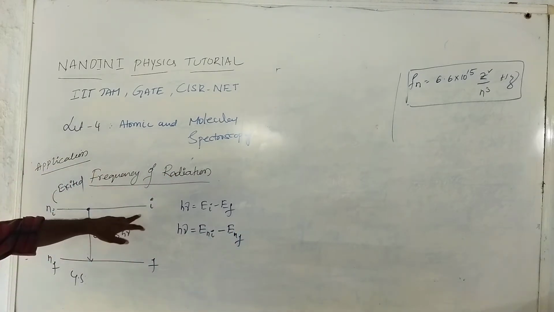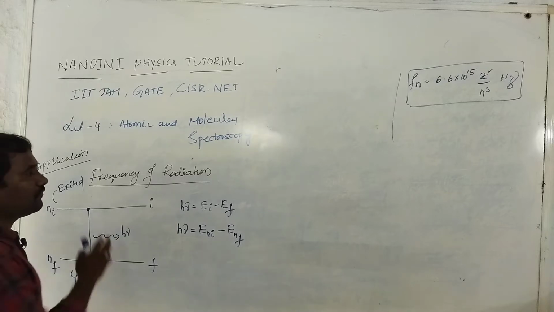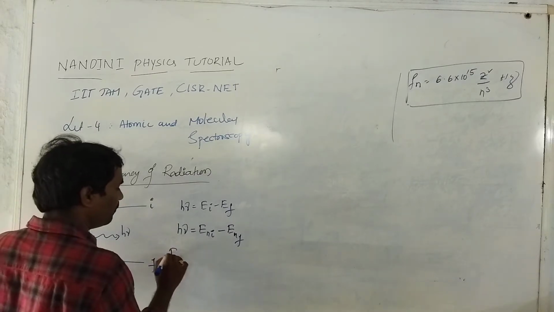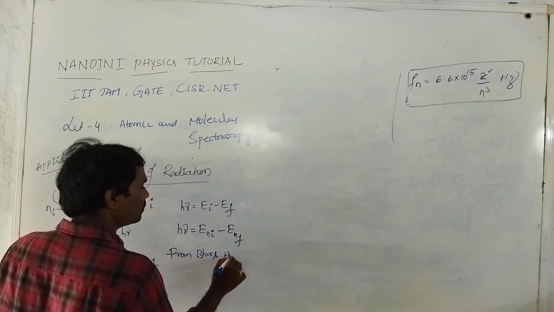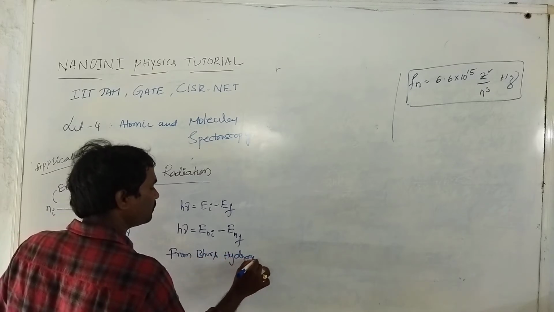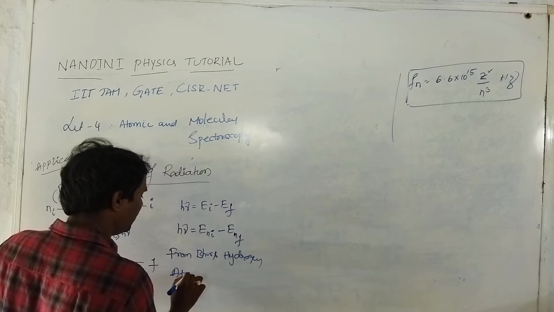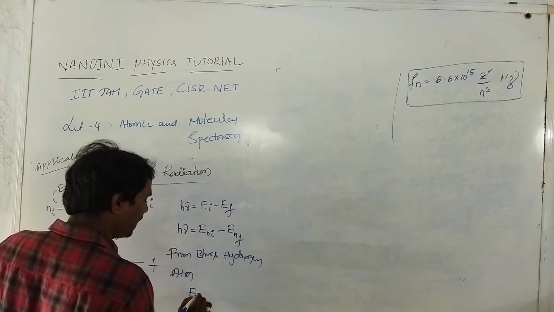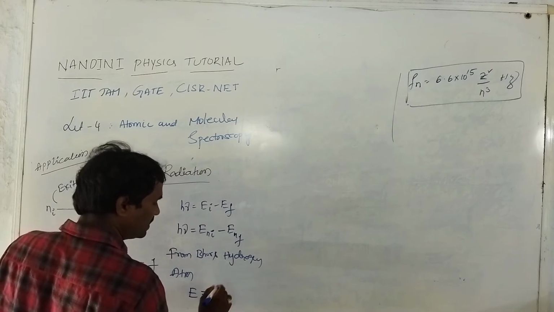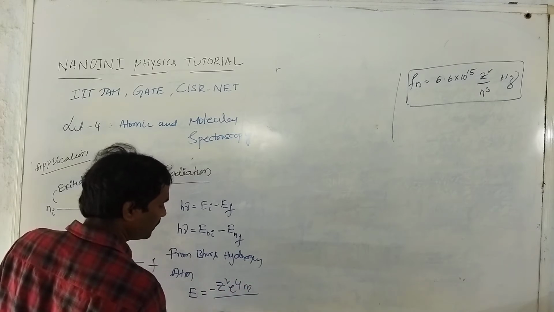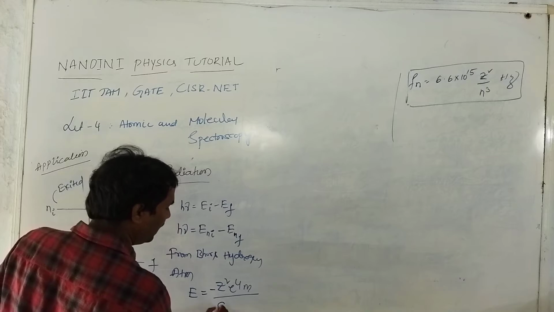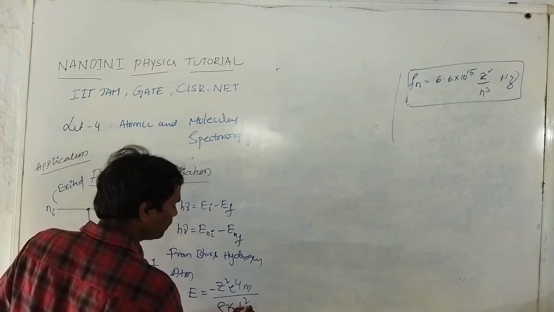What is the energy equation for Bohr's hydrogen atom? E is equal to minus z square e power 4 m divided by 8 epsilon naught h square n square.